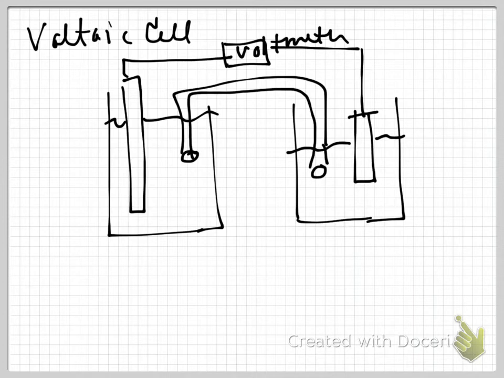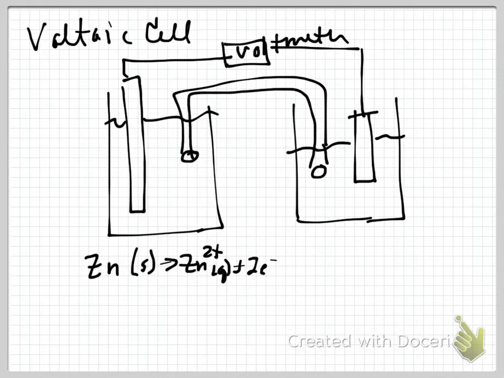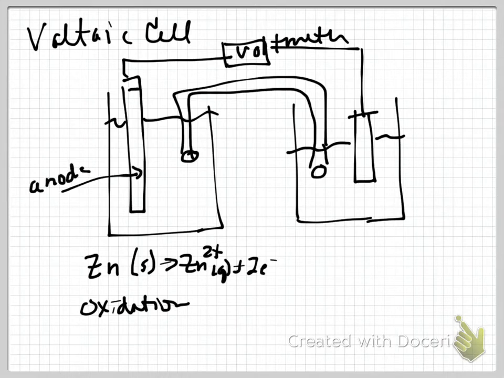Right? Say in this half cell you have solid zinc going to zinc plus 2 aqueous plus 2 electrons. Since it is losing, this is oxidation. That means that this is your anode. It will be negative. In solution here you will have zinc ions.